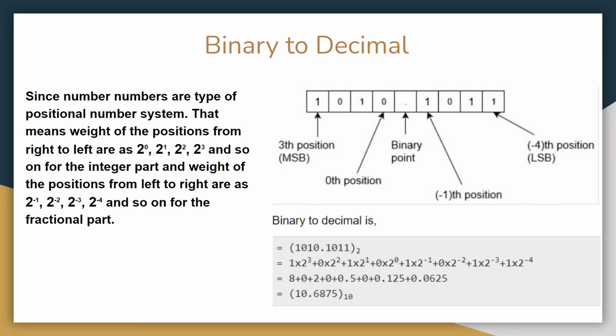That means the first 0 before the binary point is the 0th position, the 1 is the 1st position, the 0 is the 2nd position, and the last one is the 3rd position. After the binary point, the position is -1, the 0 is the -2 position, the next one is -3, and the last one is the -4 position.